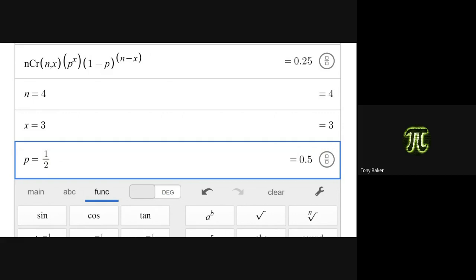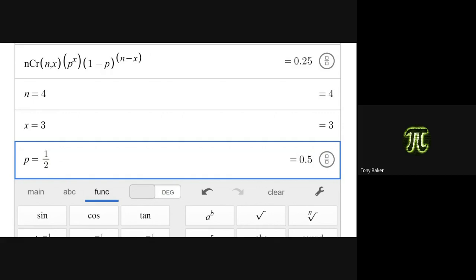So you're going to do 4, hit that button, and then 3 on that calculator. They used X. So I've learned all that.